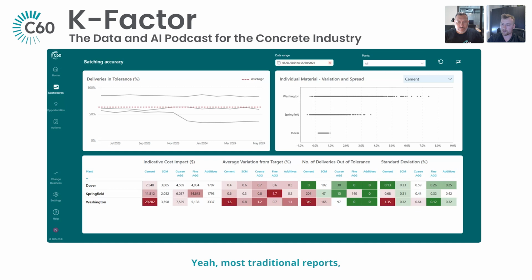Yeah, most traditional reports break it down on a per product level. They won't group it by your cements, your cementitious, and your coarse aggregate and fine aggregate. It really will just break it down on a per product code basis. And that might not tell you exactly where the issue is unless you compile and sort and categorize each of those products yourselves. Interesting.